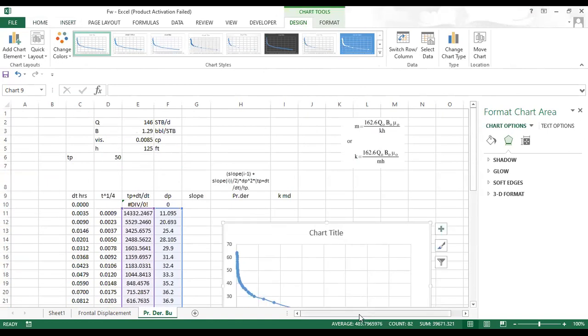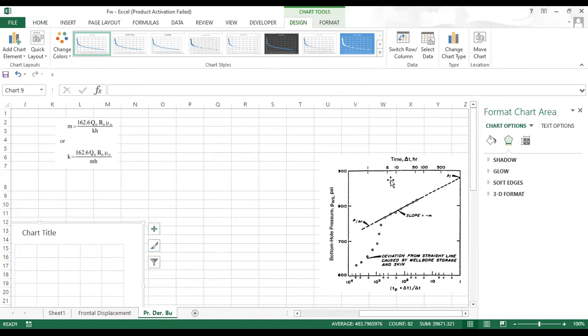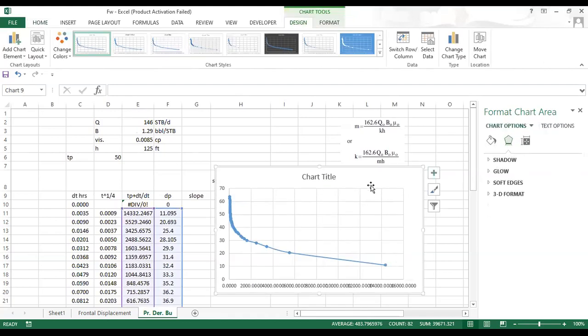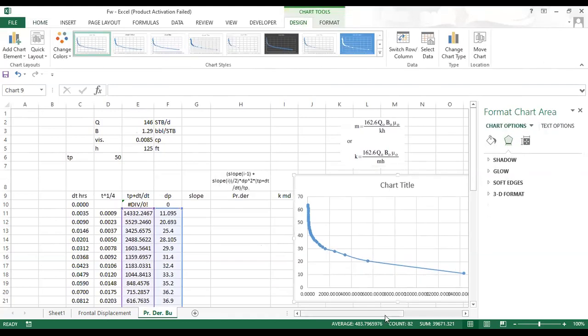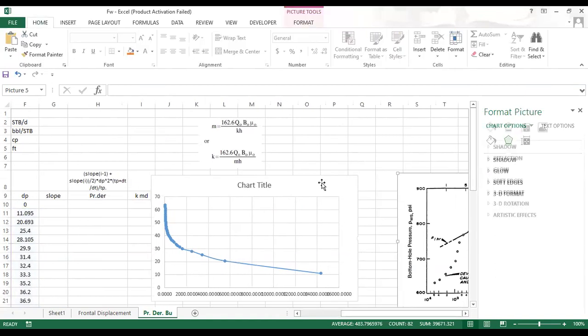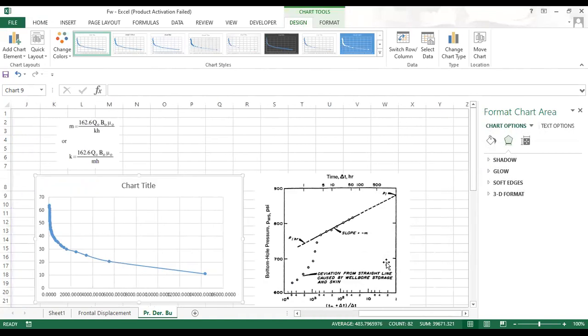It doesn't look similar to this, so I will just try to compare nearby so that it will be understandable. So this is about the graph.